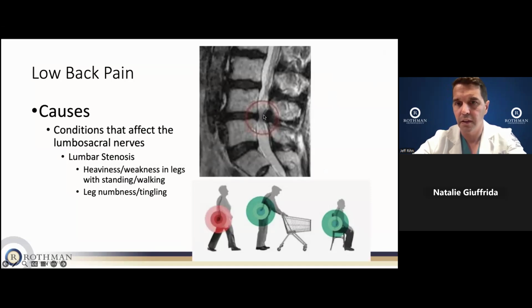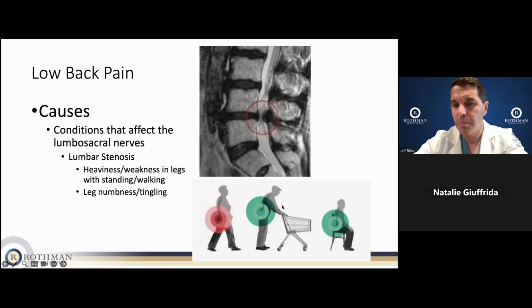You can see that there's this stuff in the back that's growing into the spinal canal. And that stuff is called ligamentum flavum. It comes off of the facet joints that have arthritis, and it can build up and narrow the spinal canal. This can cause a lot of back pain, but it also can cause leg symptoms, heaviness or weakness in the legs, numbness and tingling in the legs.